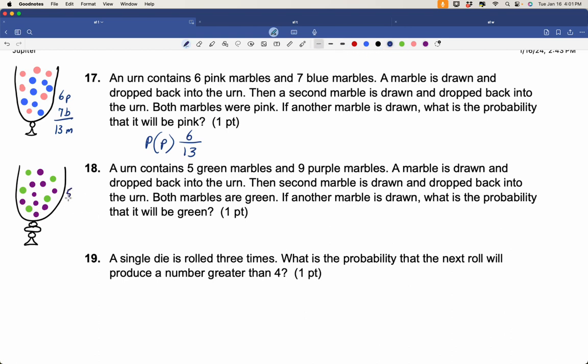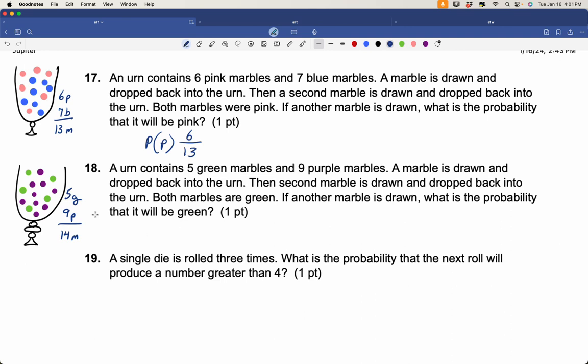So we have 5 green and 9 purple for a total of 14 marbles. So a marble is drawn and dropped back in. So this doesn't change. A second marble is drawn and dropped back into the urn.